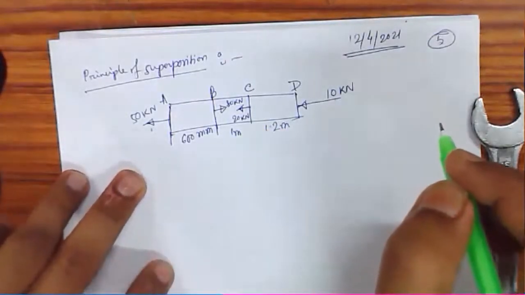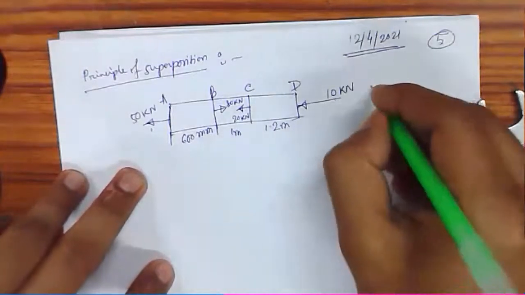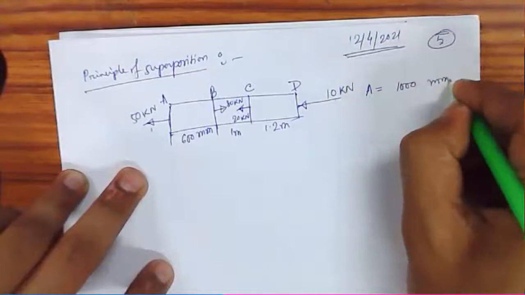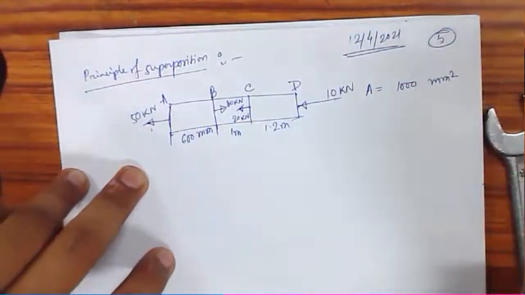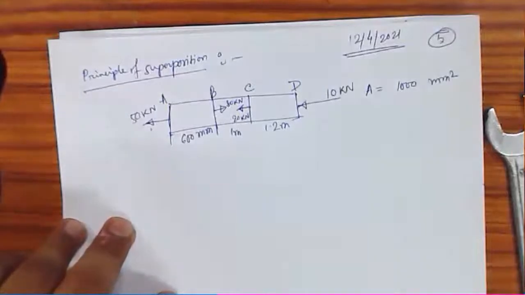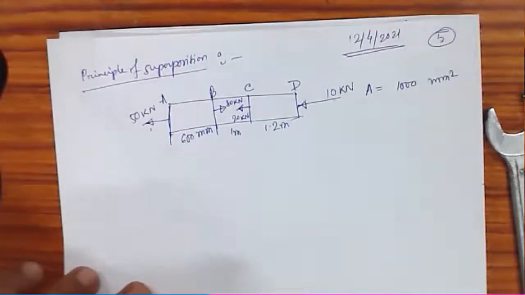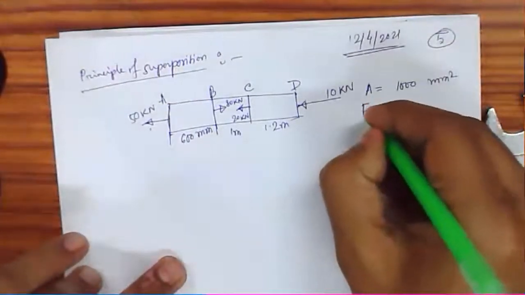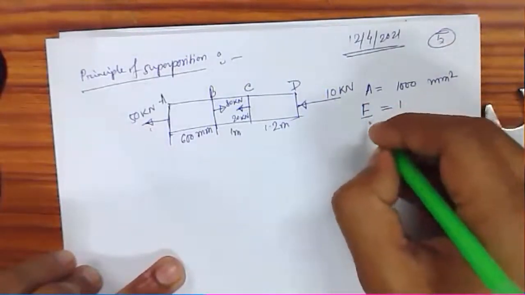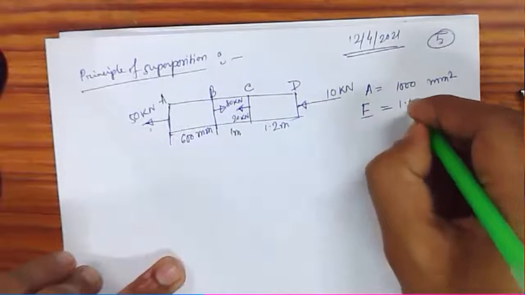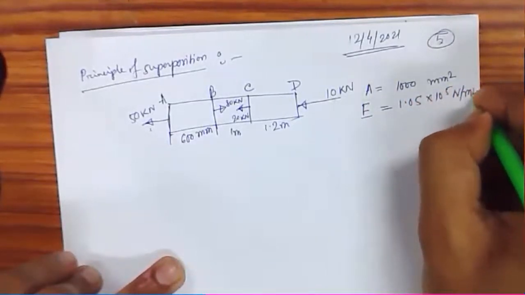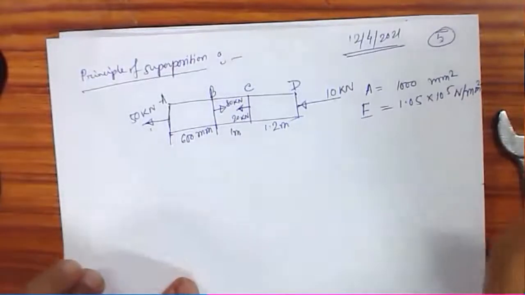Okay, it's given that the cross section area is 1000 millimeter square. Now your job is to find out the total strain, and the material is also given, its elastic modulus is 1.05 into 10 to the power 5 Newton per mm square.